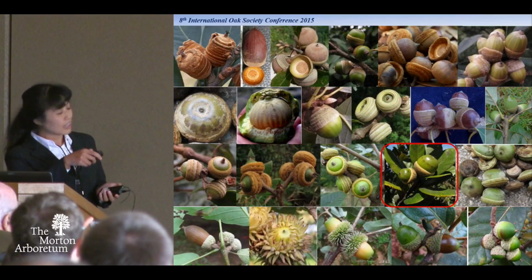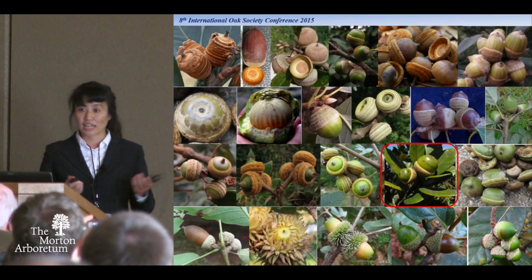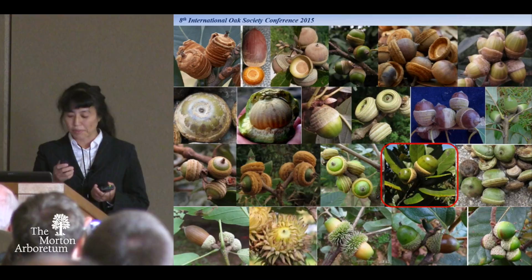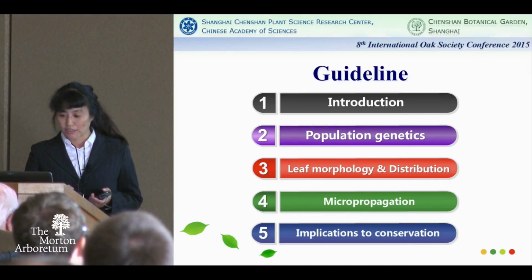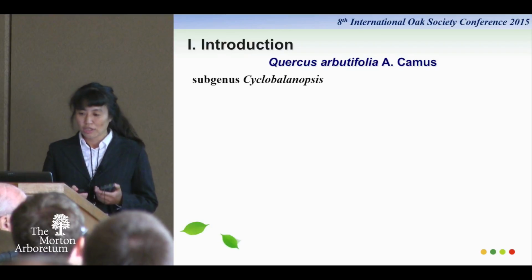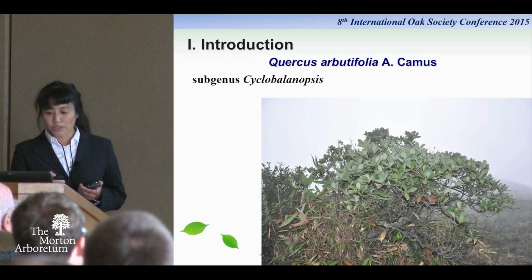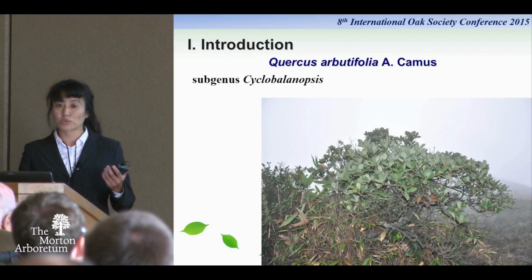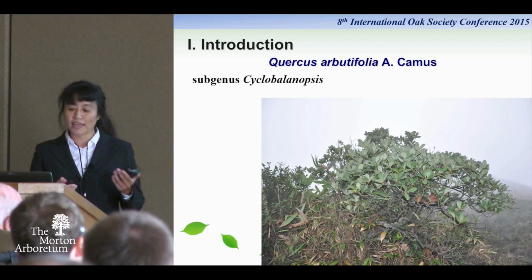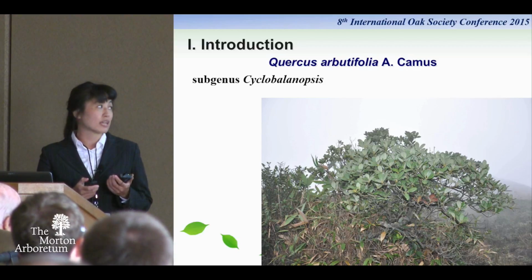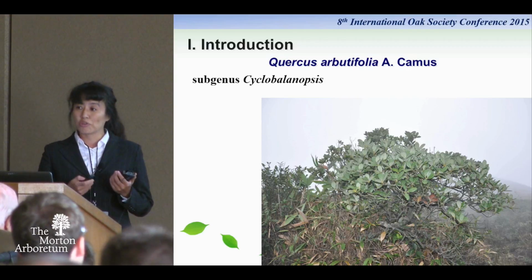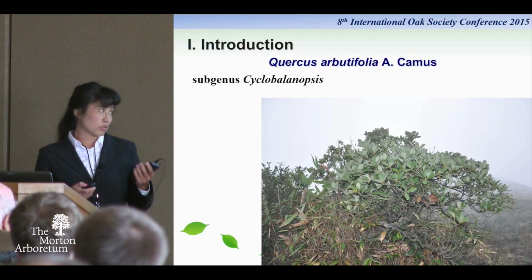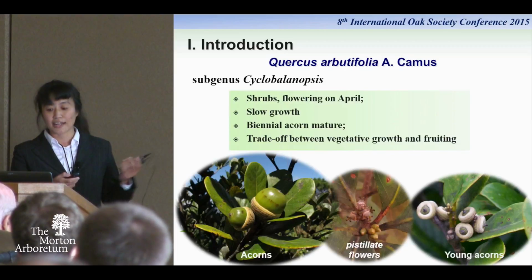These leaves are rounded, and it's very rare. Quercus arbutifolia is actually a shrubby-looking tree, very shrubby, and the typical habitat is the top of the mountain, very foggy, humid, and windy, mixed in with grassland.